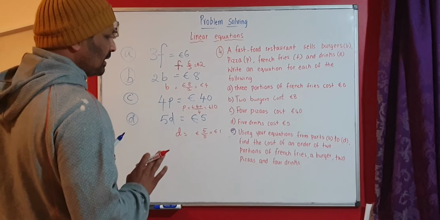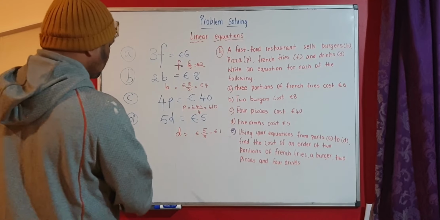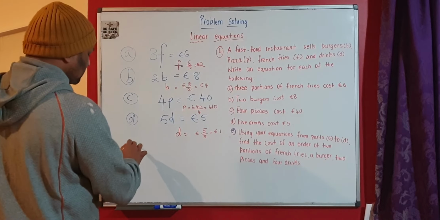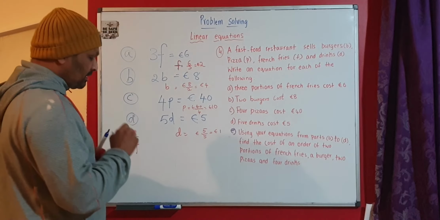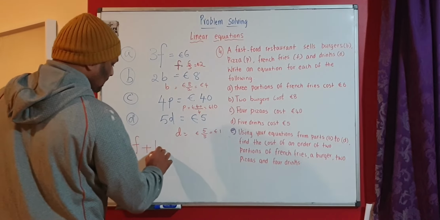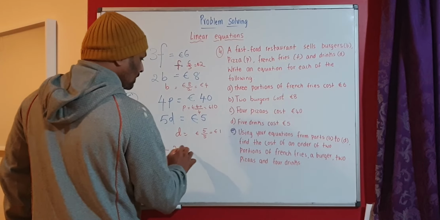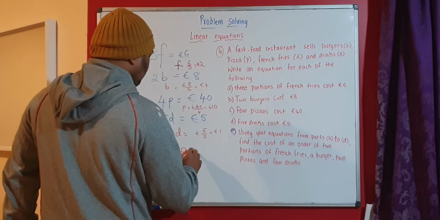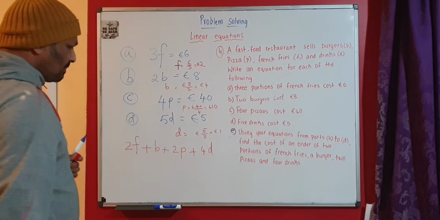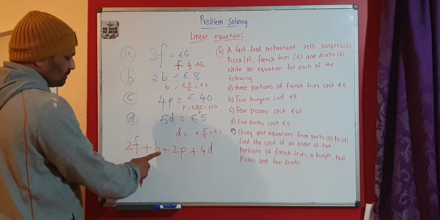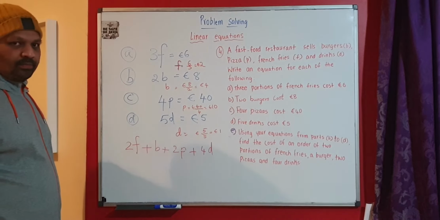Somebody wanted to place an order for 2 portions of French fries, 2F, a burger plus B, plus 2 pizzas, that means 2P, and 4 drinks plus 4D. What is the cost of this order?